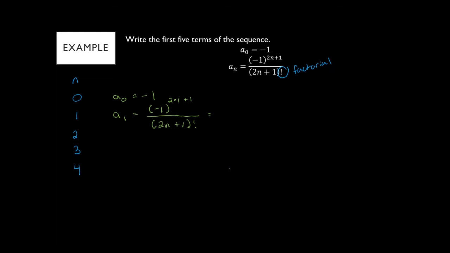So 2 times 1 is 2 plus 1, so that's going to be -1 to the 3rd. Oops, I forgot to plug in for my n here. And then that is going to be 3 factorial. So -1 to the 3rd power, that's -1. 3 factorial is 3 times 2 times 1, and we're going to get 6. So we get -1/6 for A1.